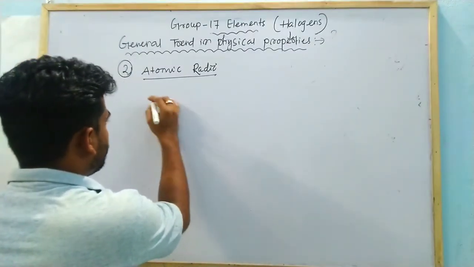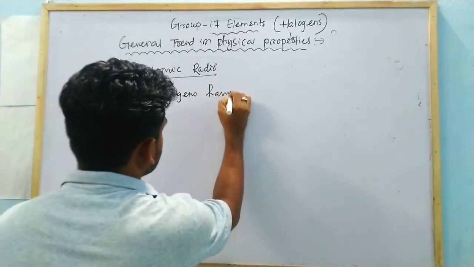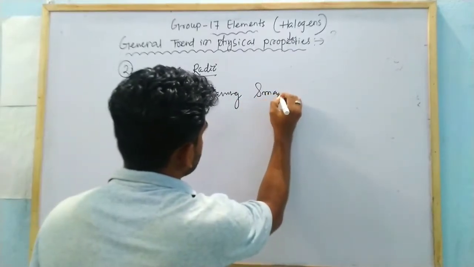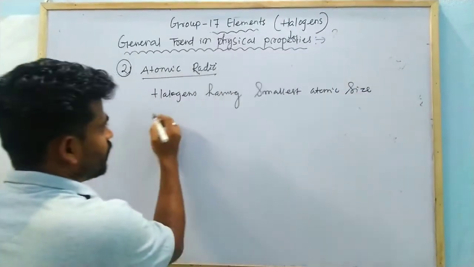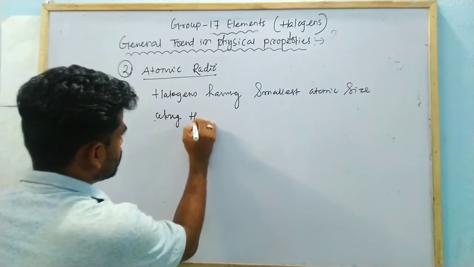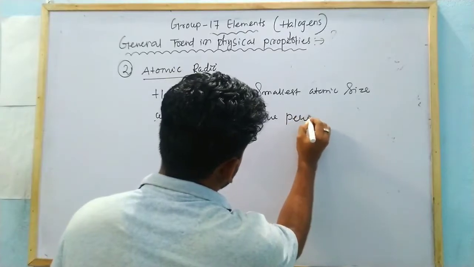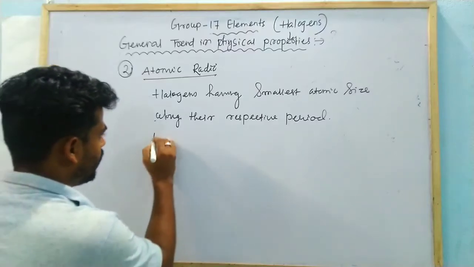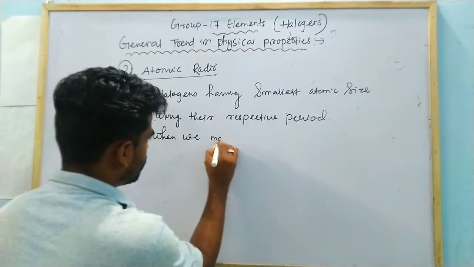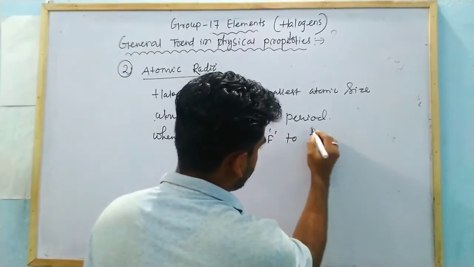So if we move along a period, halogens have the smallest atomic size in their respective period. But what happens when we move from fluorine to iodine?